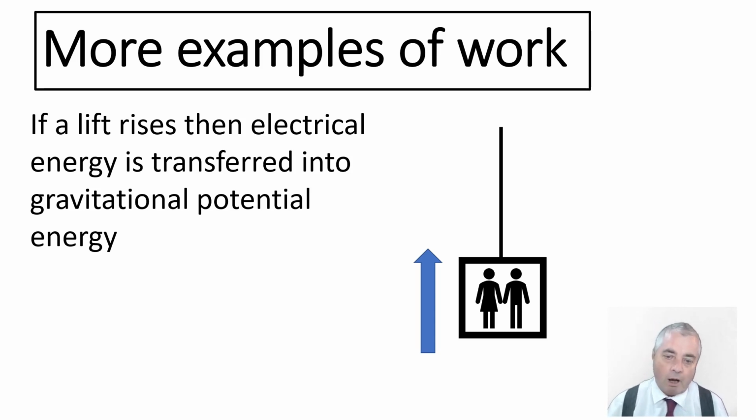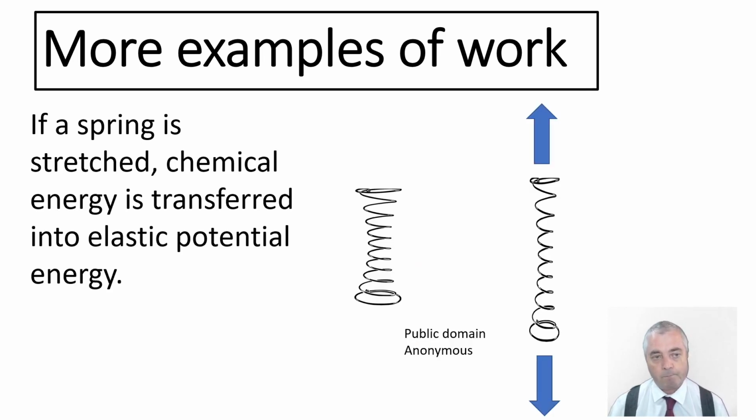And whatever example you can come up with of a force moving, you'll realise that there is energy being transferred while that's happening. Here's another example just to really emphasise that. If you stretch a spring, obviously you're using a force to pull the spring, and that force is moving, and you're transferring chemical energy into elastic potential energy.